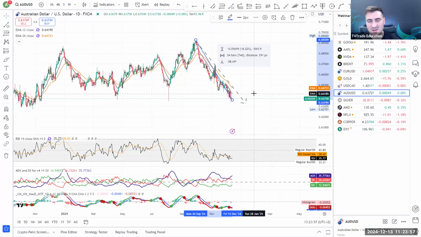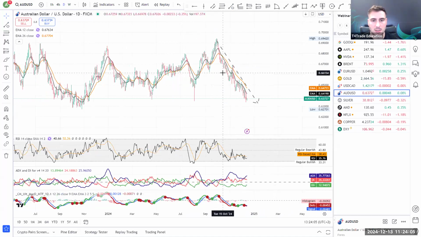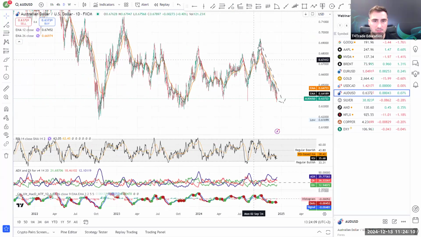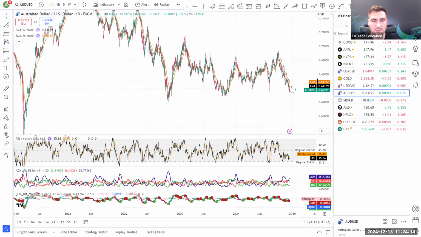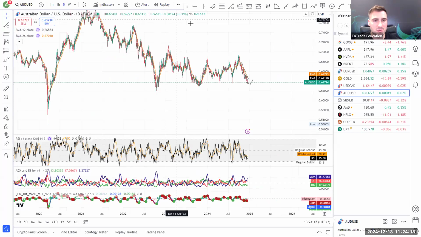We've seen an 8% loss or retracement from the Aussie against the dollar, mainly because we have seen much more recent strength of the dollar over these times. But zooming out, you can clearly see that it has been bottoming out around these levels or areas we have highlighted beforehand.